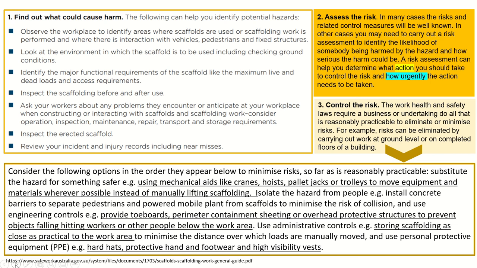When you're working under the temporary structure, of course you need like a hard hat, right, and protective hand and footwear and other kind of vests. You need to use all of them as PPE.